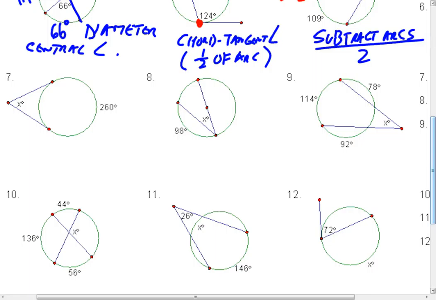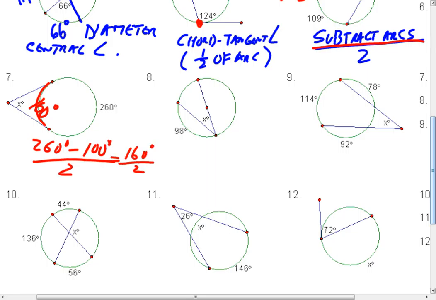If that's 260, what's left here? 100. And the overriding rule is still this. Doesn't matter if it's secants, tangents, or a combination of tangents and secants. You're still going to do subtract arcs, divide by 2. 80 degrees for the exterior angle.